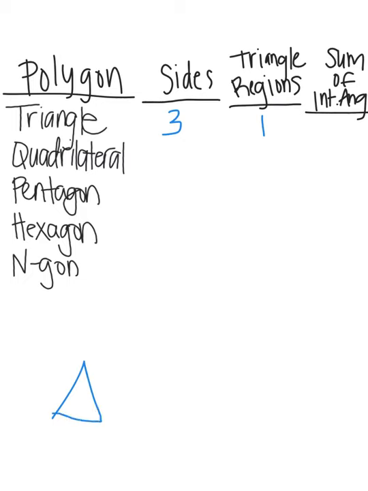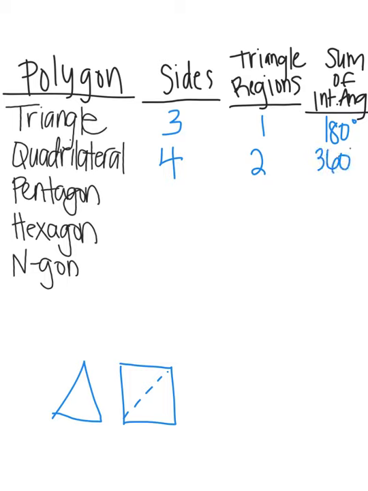And we know that the sum of the interior angles of a triangle is 180. Now let's look at the quadrilateral. The quadrilateral has 4 sides, and if I were to break it up into triangular regions, I could get 2 triangular regions out of it. So 2 times 180 would be 360 degrees.